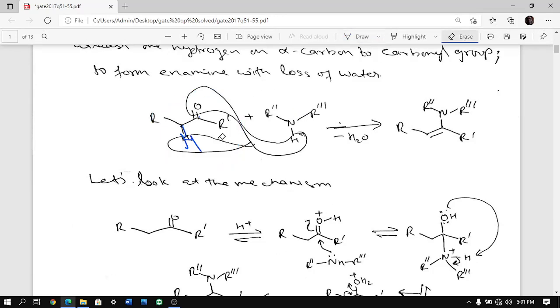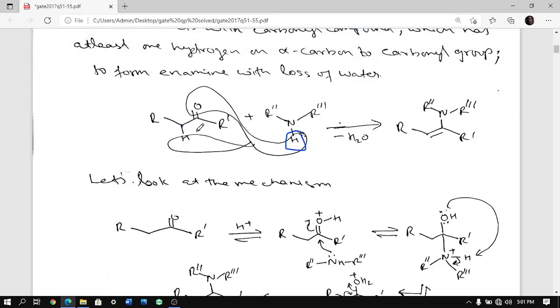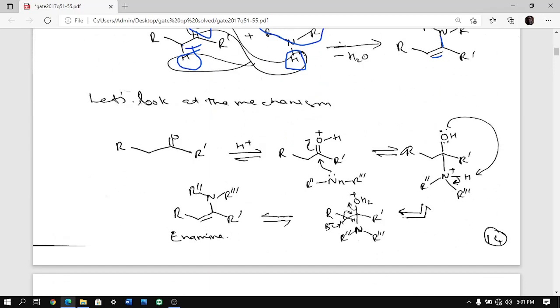So if you see here how water is being removed. From the secondary amine, one hydrogen goes out, another hydrogen goes from the alpha carbon, and then from the oxygen it goes, and you get a double bond here, and the amine gets added. So basically nitrogen gets added here, this nitrogen and the R R part, and you get a double bond here on the alpha carbon. Okay, so let's look at the mechanism, how the mechanism happens.